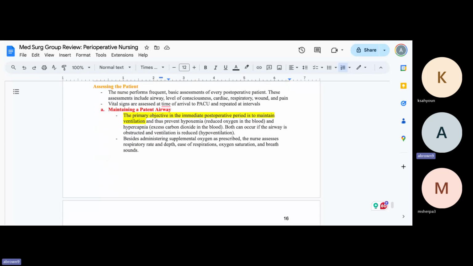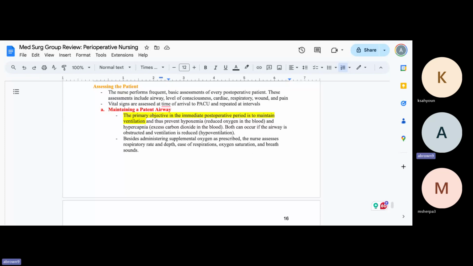Maintaining a patent airway. The primary objective in the immediate postoperative period is to maintain ventilation and thus prevent hypoxemia, which means reduced oxygen in the blood, and hypercapnia, which means excess carbon dioxide in the blood. Both can occur if the airway is obstructed and ventilation is reduced.